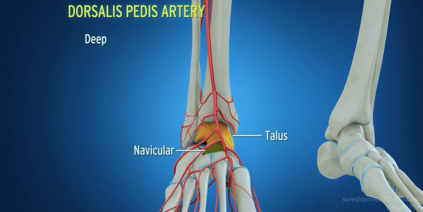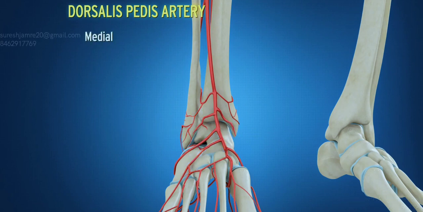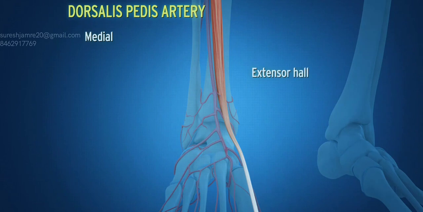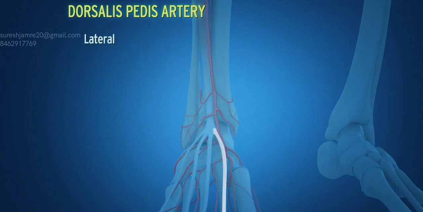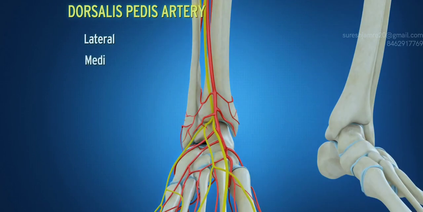Talus, navicular and intermediate cuneiform bones, and the ligaments connecting them. Medial. Extensor hallucis longus. Lateral. First tendon of the extensor digitorum longus. The medial terminal branch of the deep peroneal nerve.